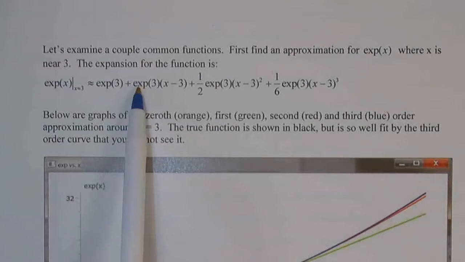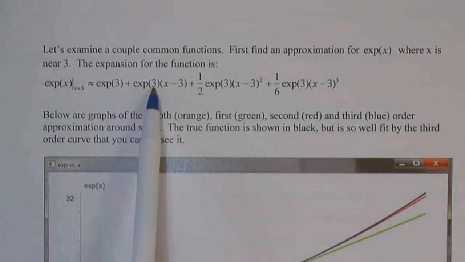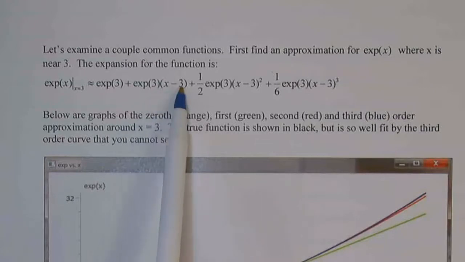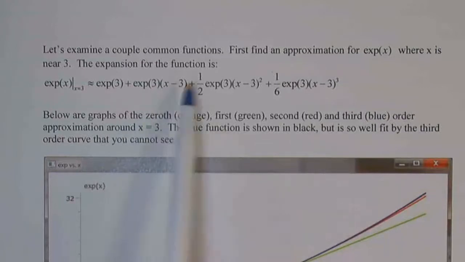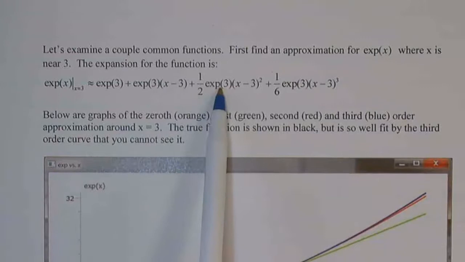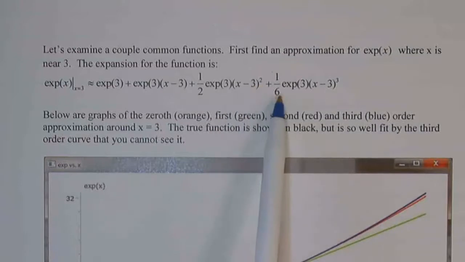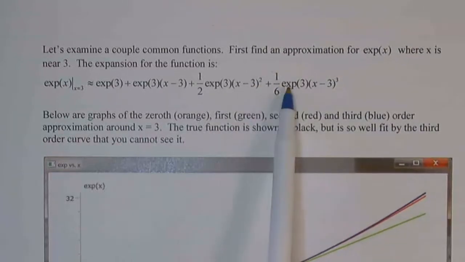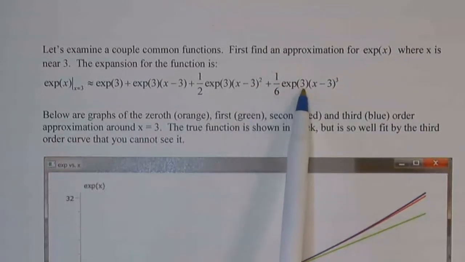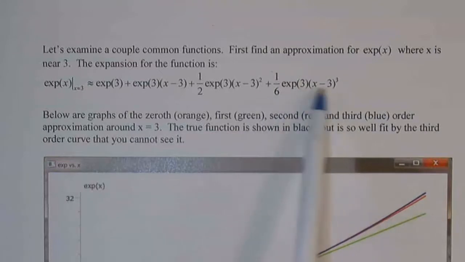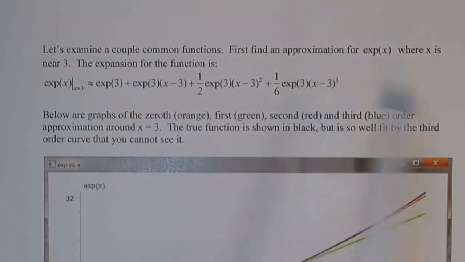So this is the first derivative evaluated at the point we're concerned with, 3, times the difference, x minus 3. Then we have 1/2 the second derivative, which is again the exponential function, evaluated at 3, times the difference squared, plus a third term, 1/6 the third derivative, evaluated at 3, times x minus 3 cubed.